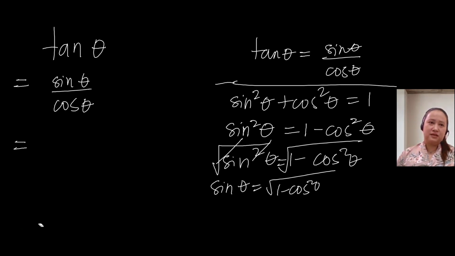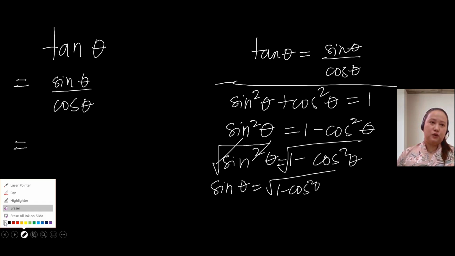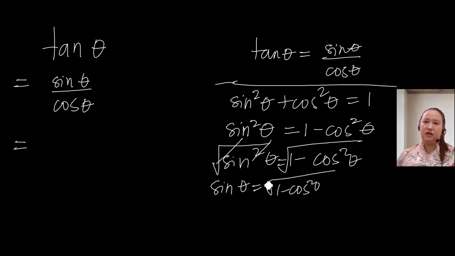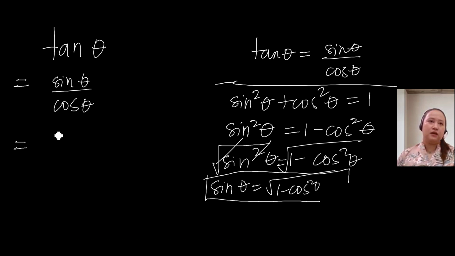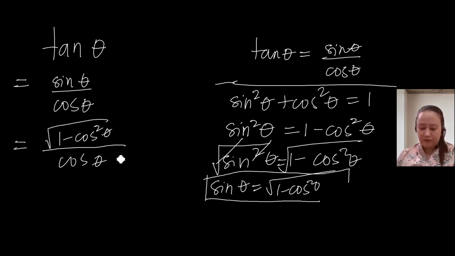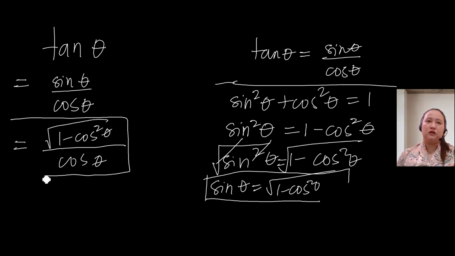So I'll just erase this. We can make use of this one: sine theta equals the square root of 1 minus cosine squared theta, then over cosine theta. So this is the answer.